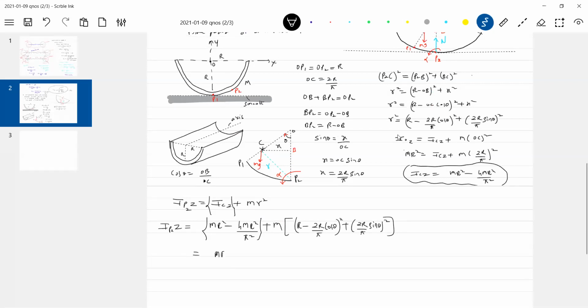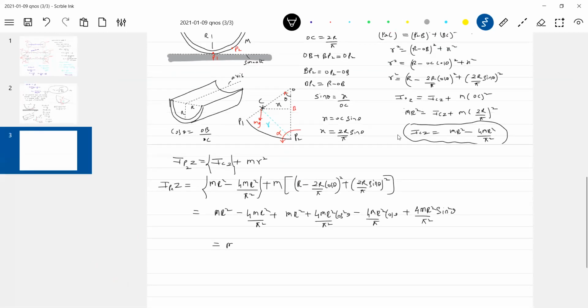This will be MR square plus 4 MR square pi square cos square theta minus 4 MR square pi cos theta plus 4 MR square pi square sin square theta. 4 MR square pi square cos square theta and 4 MR square pi square sin square theta will become equal to 1.